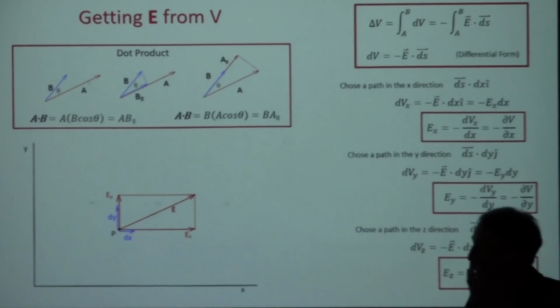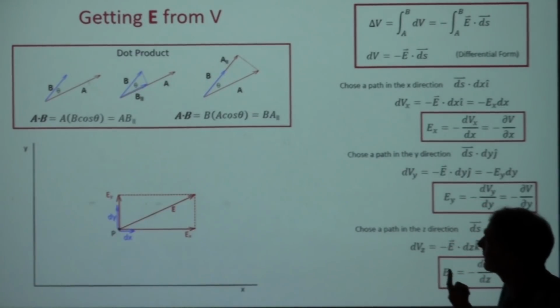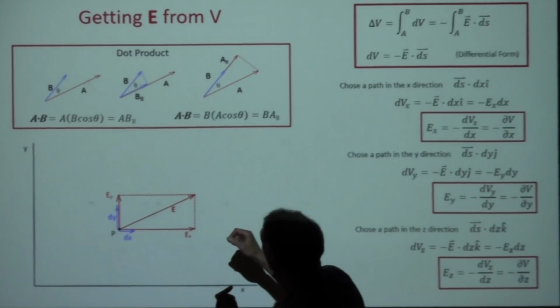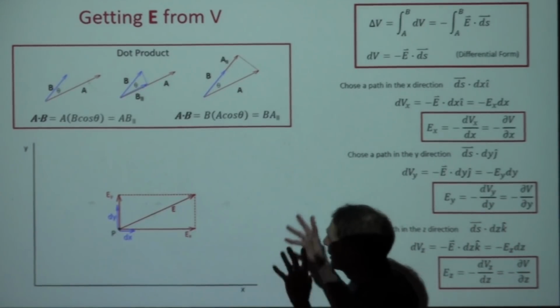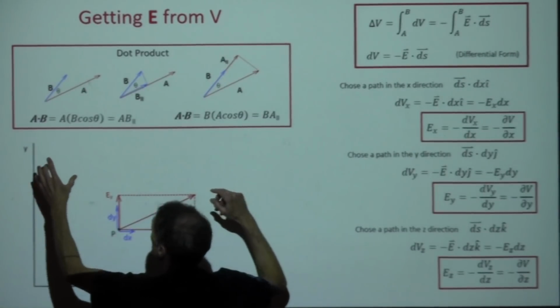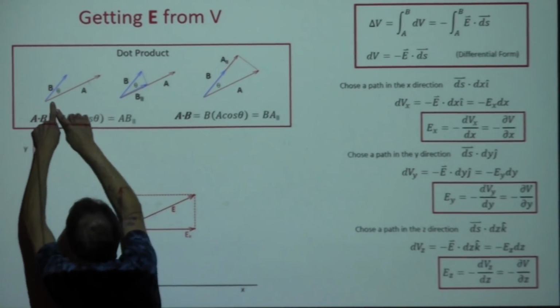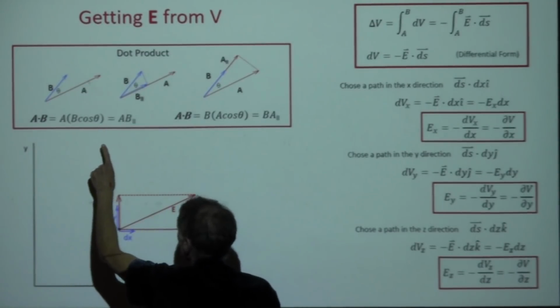Okay, now something that works out nicely, getting E from V, that is, if you have your electric potential. What I want to call on is something you've seen, dot products. If you have the dot product between two vectors, it is A, B times the cosine of the angle between them.